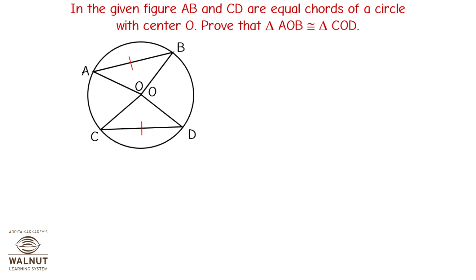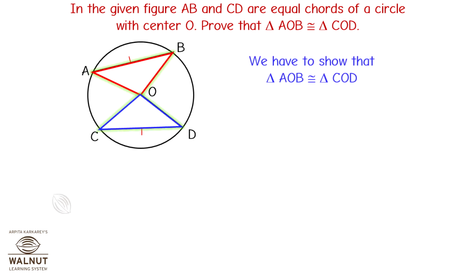In the given figure, AB and CD are equal chords of a circle with a center O. Prove that triangle AOB is congruent to triangle COD. We have to show that triangle AOB is congruent to triangle COD. What do we already know about these two triangles? Let's see.